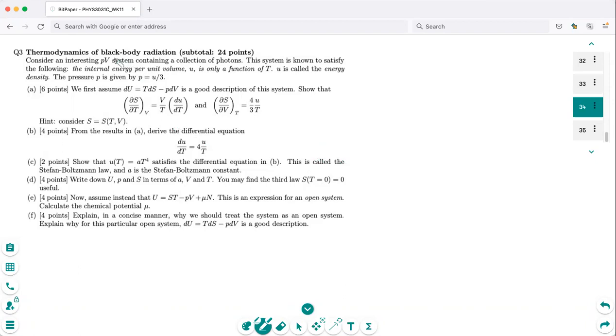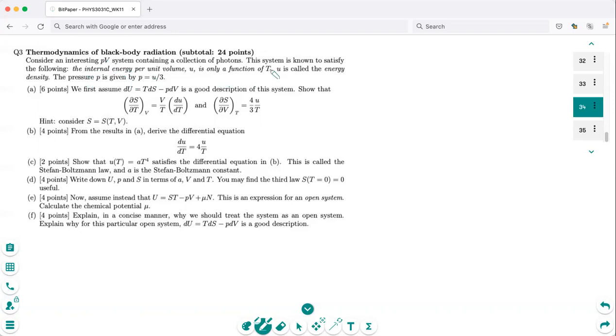Okay, so you are given this. You have a PV system containing a collection of photons, and you're given some more effects. So first, the internal energy per unit volume is only a function of temperature. This is not quite the same as the ideal gas.